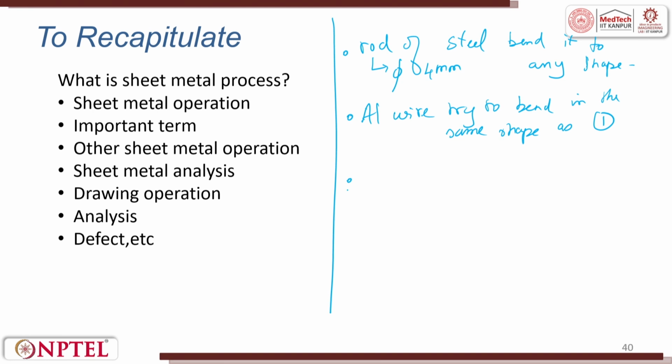Third, take a steel sheet. Here the wire was 1 millimeter, so for the sheet take maybe again 1 millimeter and bend it in the same shape as above.